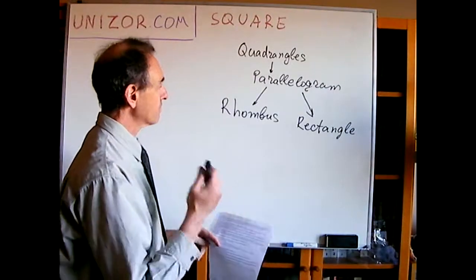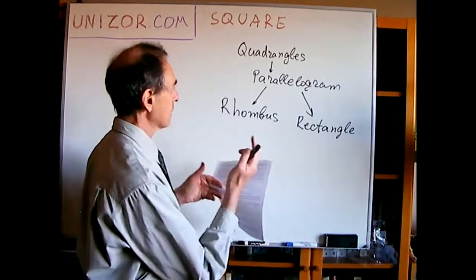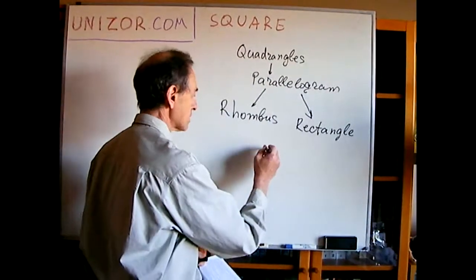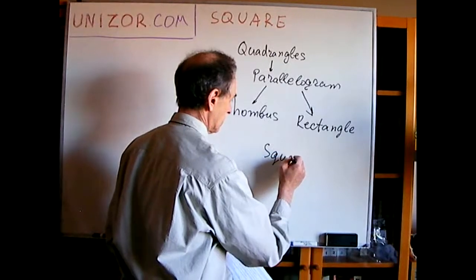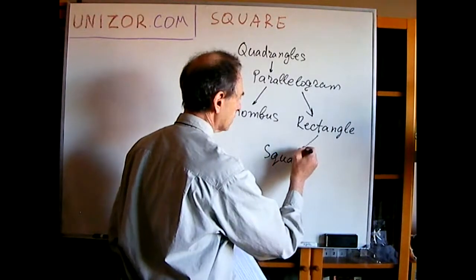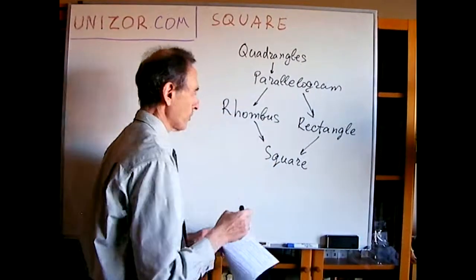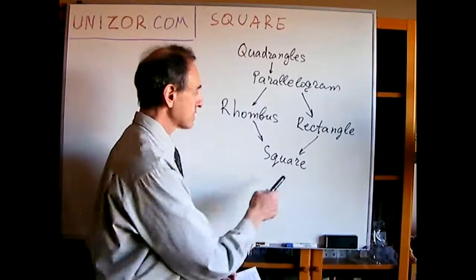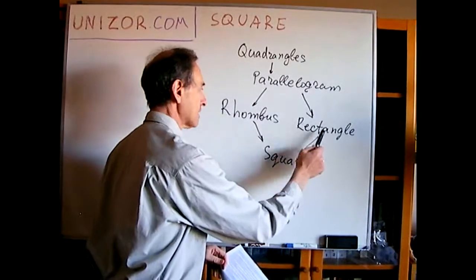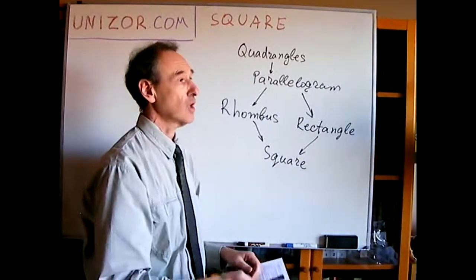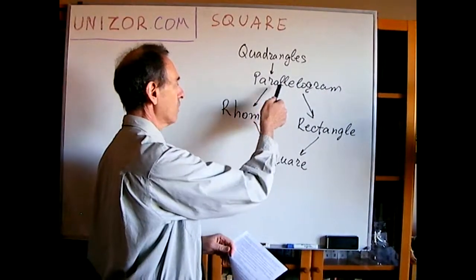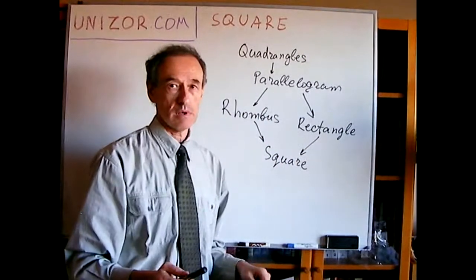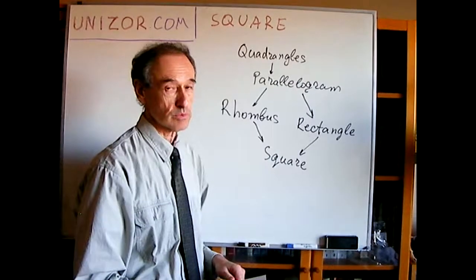And here it's very appropriate now to put a square into this particular picture. Square is here, and it derives properties from both rhombus and rectangle. So a square is simultaneously a rhombus and a rectangle, which means it's a parallelogram which has all 4 sides equal and all 4 angles equal, or congruent, to each other.